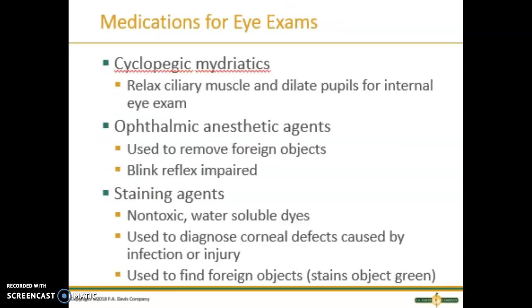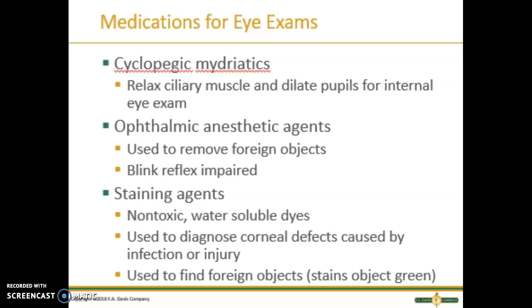Now we're looking at medications to facilitate eye exams. So cycloplegic mydriatics relax the ciliary muscles and dilate the pupils so that the examiner can evaluate the inner eye.